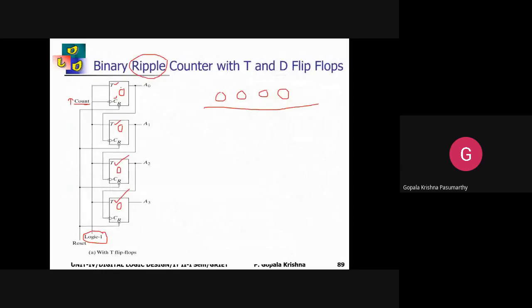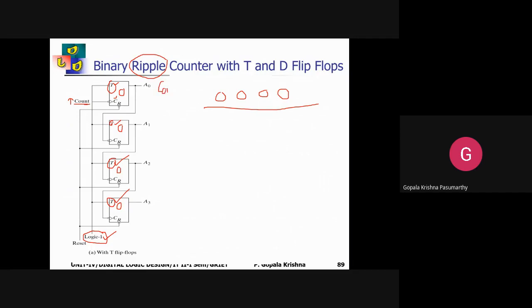Since all T flip-flops are connected to logic 1, every flip-flop is ready to complement.